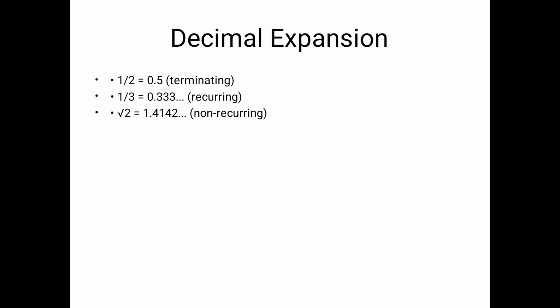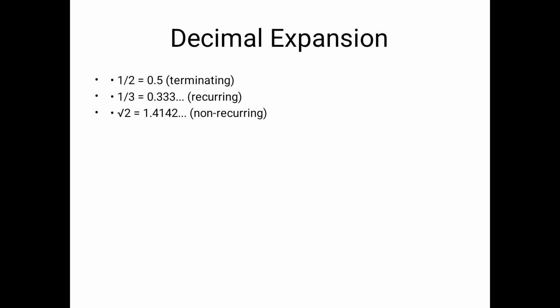Means after decimal, the numbers are going to stop. If I consider 1 by 3, I'll get 0.333, and so on. I am not going to get any remainder 0. And for root 2, I'll get 1.4142, like that.